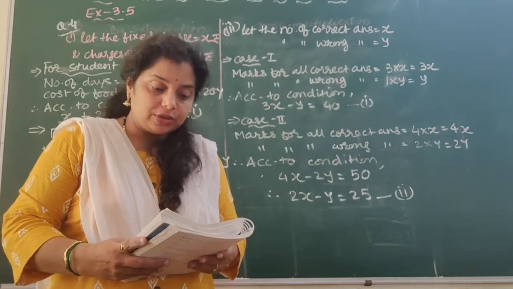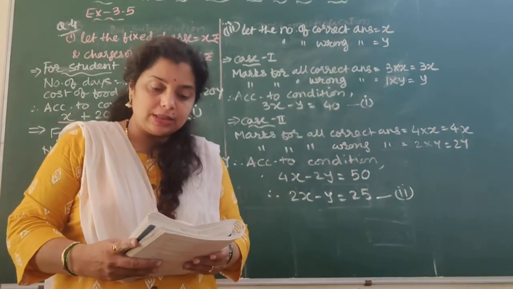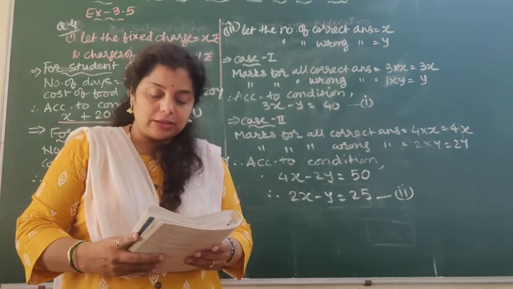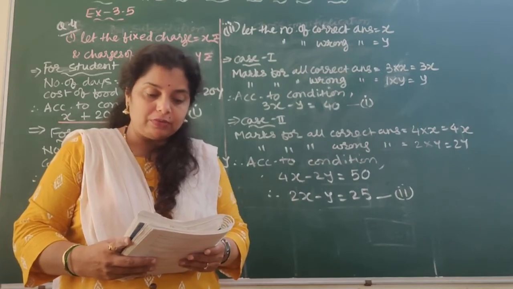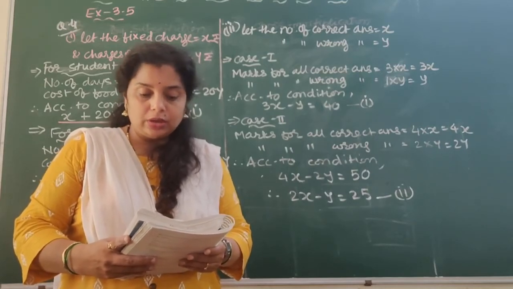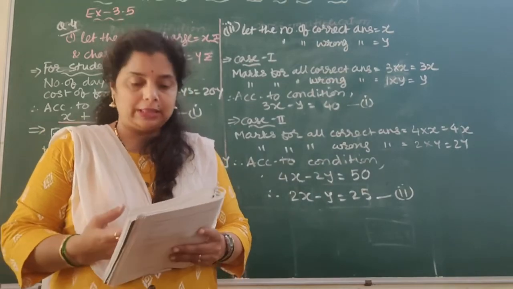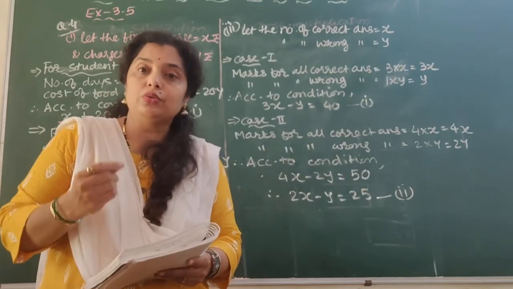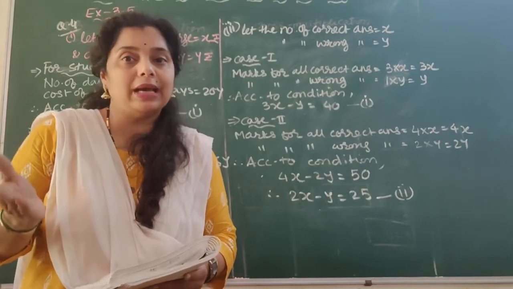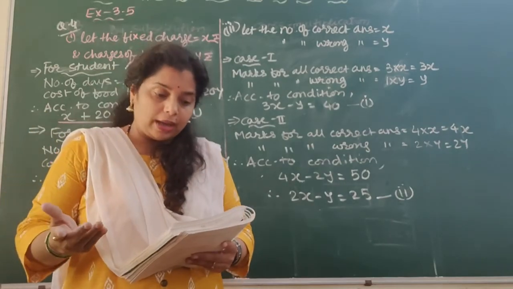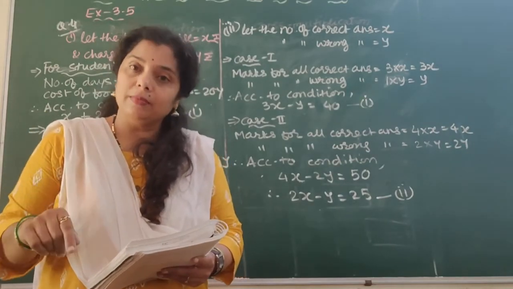A fraction becomes 1 by 3 when 1 is subtracted from the numerator, and it becomes 1 by 4 when 8 is added to the denominator. This type of example we have already done many times. First of all, we have to do the supposition. Let the numerator be x and the denominator be y, so the fraction is x by y.